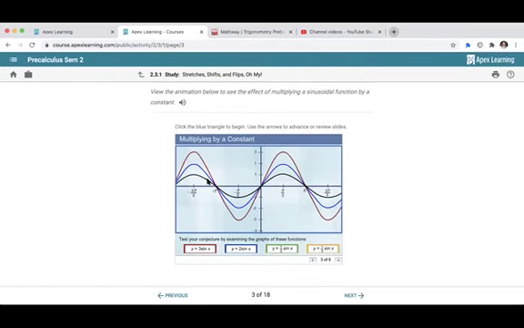But if I multiply by something between 1 and 0, so maybe 1/2, we're going to notice that we have a shrinking, or a compression. Same thing with 1/3, I have a compression. So greater than 1 is going to result in a stretching, and less than 1 is going to result in a compression.